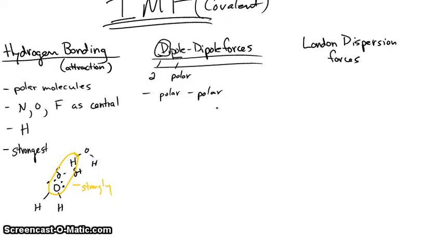Water exerts some pretty strong dipole-dipole forces, but let me think of an example that does not include something that hydrogen bonds, like maybe HBr, the HBr molecule. Now in the HBr molecule, don't want to do Br, let me do Cl.